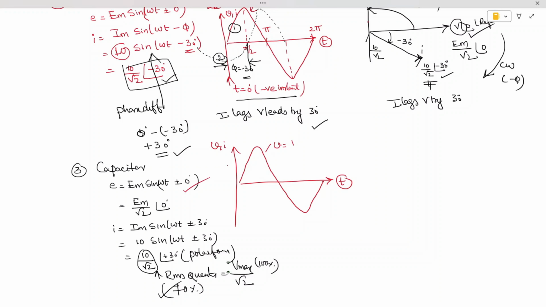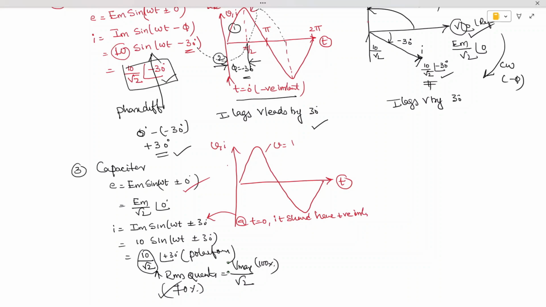And now we need to draw the current. The current is at what angle? 10 at an angle of plus 30. At t equal to 0, it should have a positive instant, where positive is at the upper side.